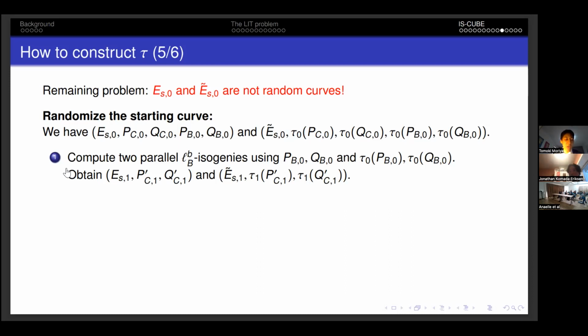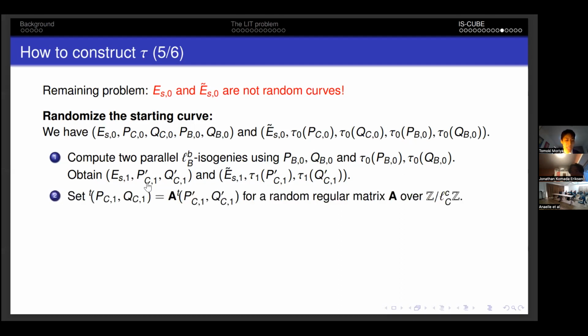First, we compute the two parallel L_B^B isogenies using P_B0, Q_B0, and tau 0 P_B0 and tau 0 Q_B0. And we compute the image points of them, and we obtain E_S1, P prime C1, and Q prime C1, and tilde E_S1 and tau 1 P prime C1 and tau 1 Q prime C1.